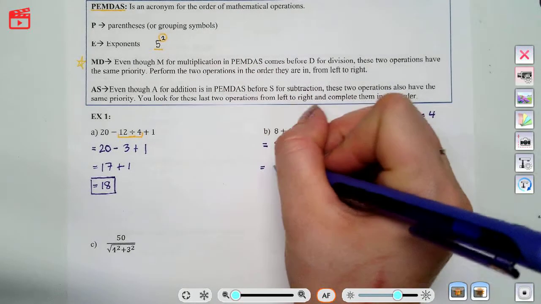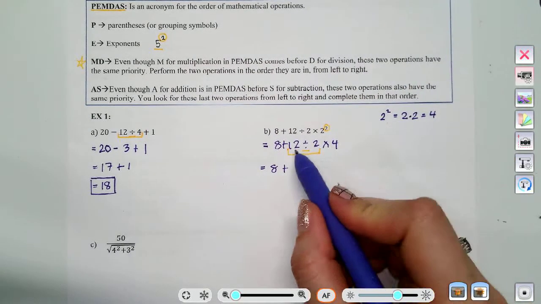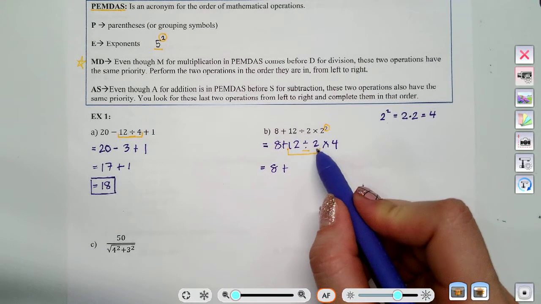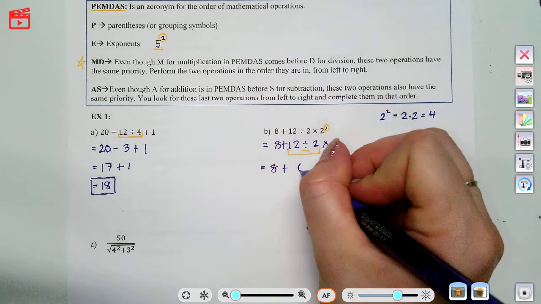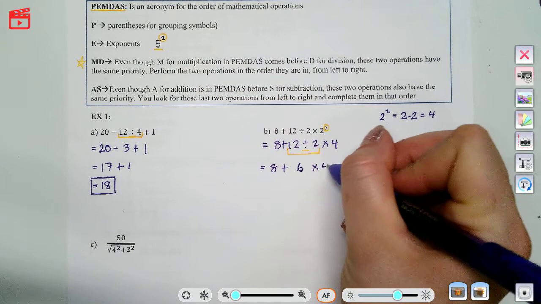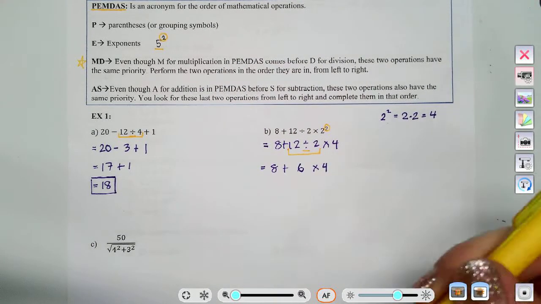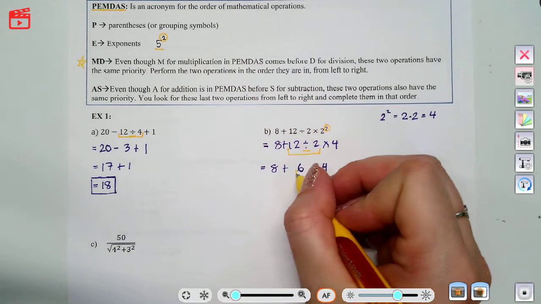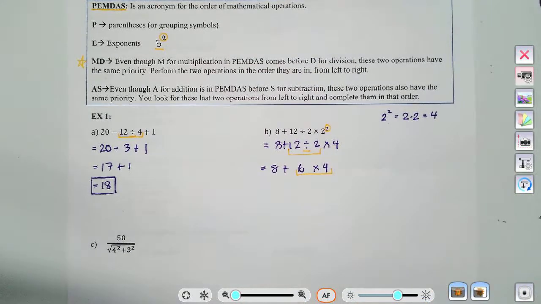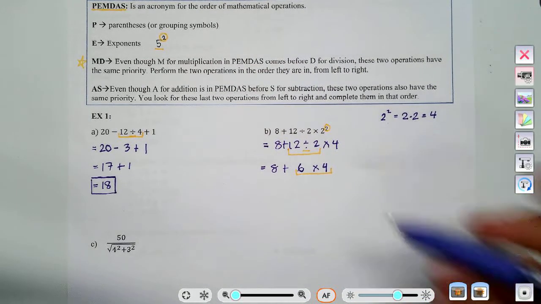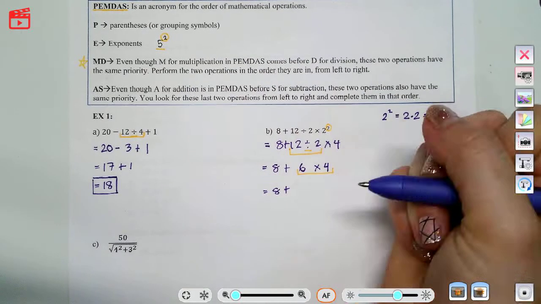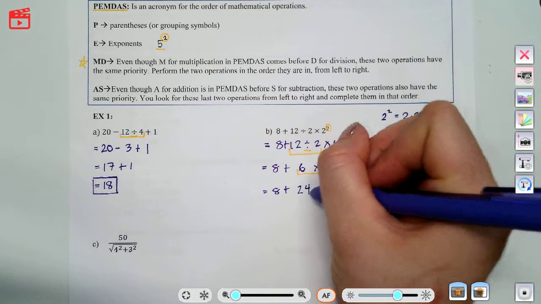Dropping down the 8. 8 plus 12 divided by 2 is going to be 6 times 4. All right, we've done the division. Next, we have that multiplication we're going to do. So we're going to go ahead and do the multiplication. All right, that's going to be 8 plus 6 times 4 is 24.